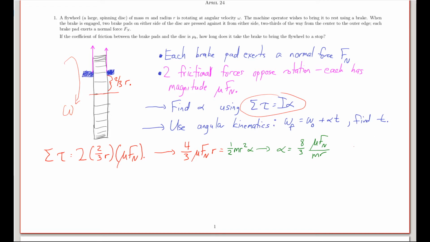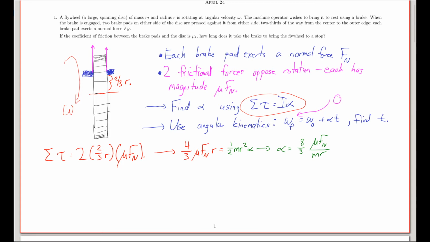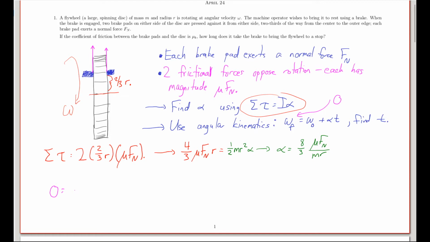Now to find the time, the final angular velocity here is 0. So I have 0 equals omega naught plus alpha t, so minus, oops, forgot the minus sign there. That just means that it's accelerating in the opposite direction of omega naught.